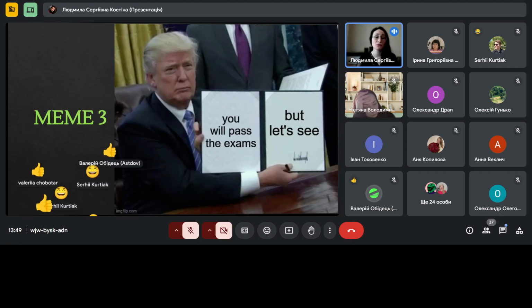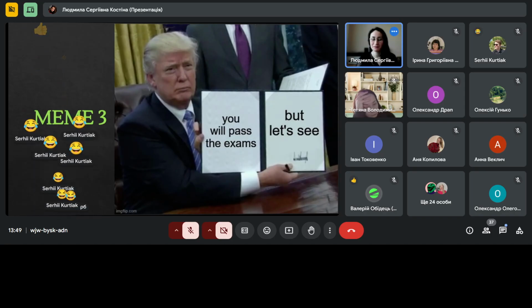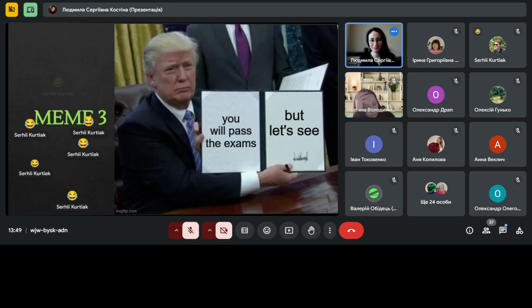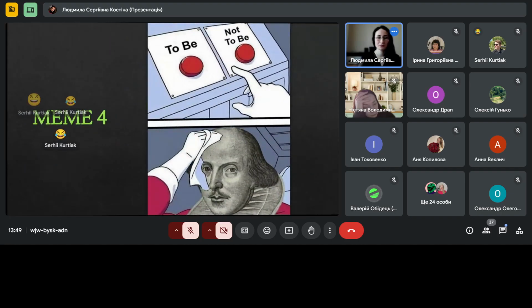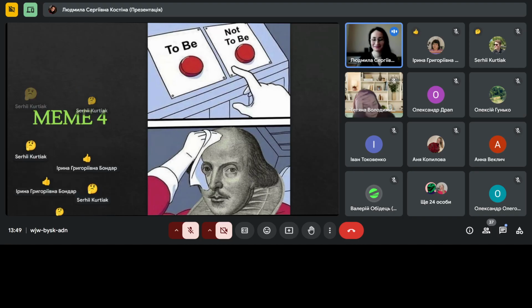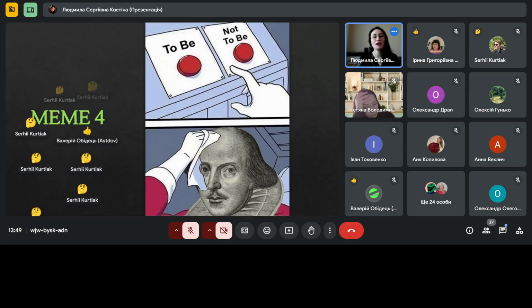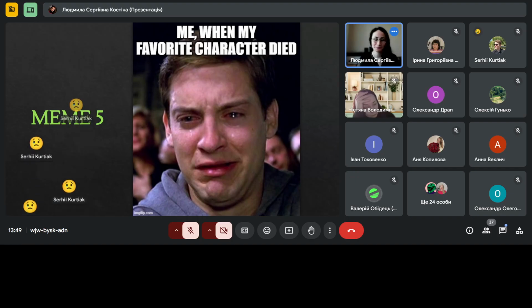Yeah. Meme 3, Donald Trump with his statement. Meme 4, well, about Shakespeare, to be or not to be. Well, he's in panic. Meme 5, very expressive. If you like it, bear it in mind.